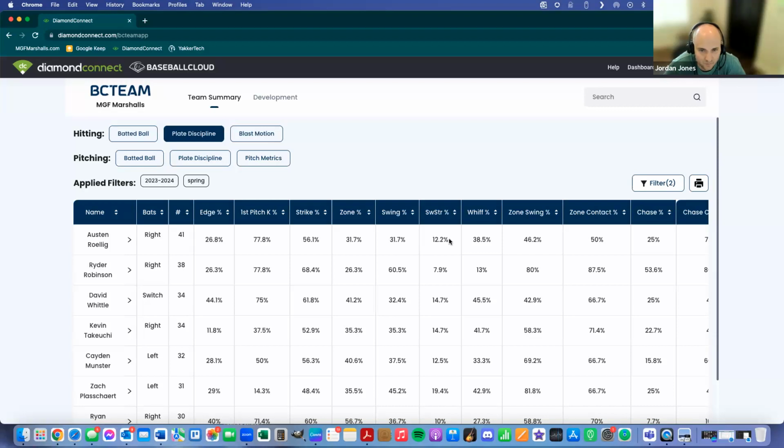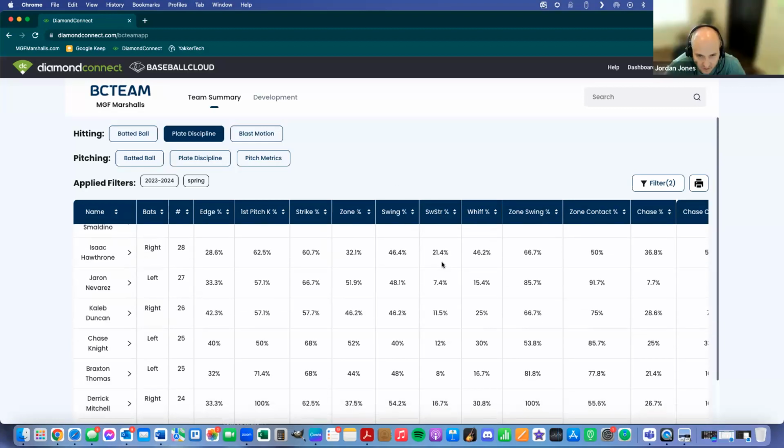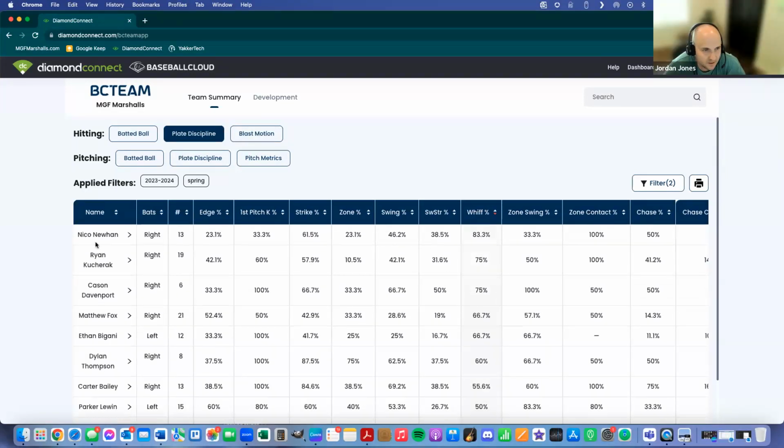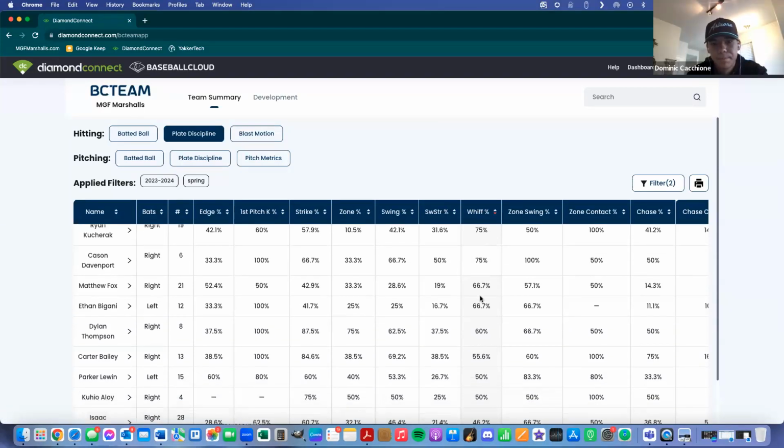So what's a good metric there? The higher the better, right? I would say probably around 15%, maybe 20. Okay, whiff rate. So we can see that Nico Newhan and Ryan Kucherat swing and miss a lot. That's cool.